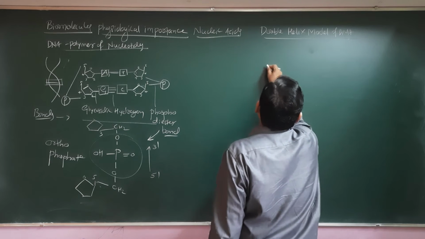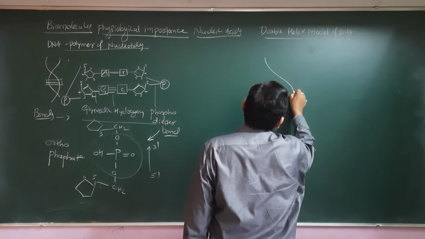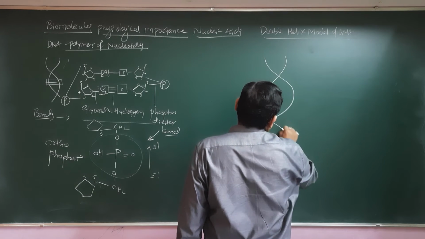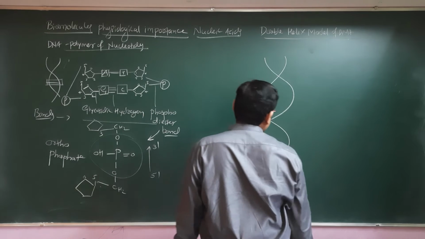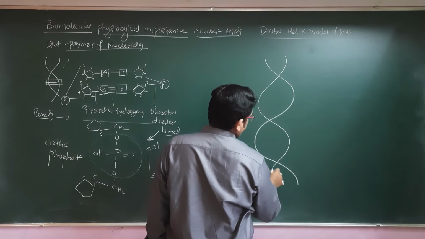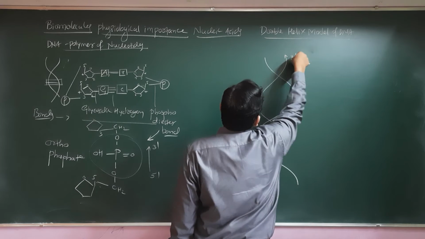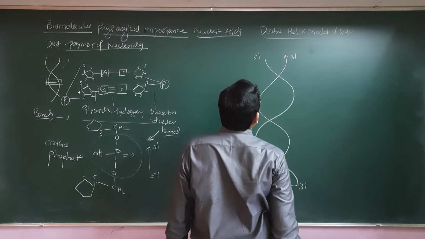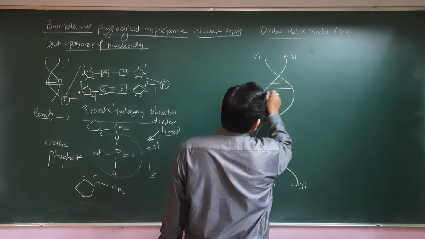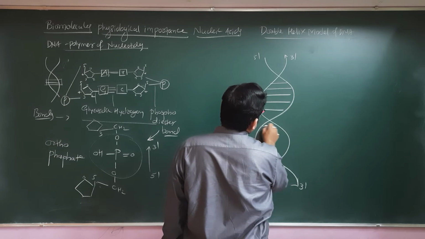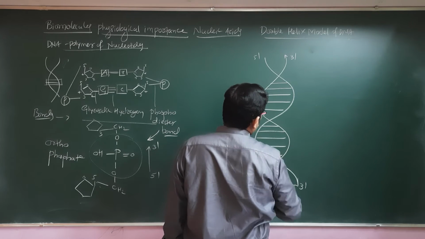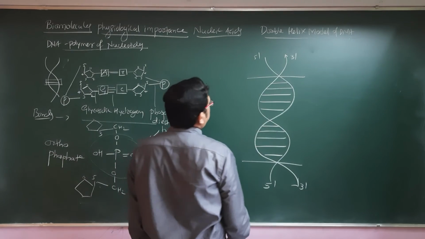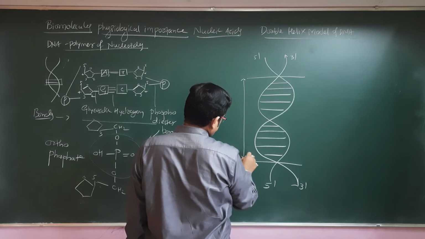When we talk about the double helix model of a DNA, let me mention here 1, 2. It is the 5' end and here it is the 3' end. Here it is the 5' and here it is the 3' end. So the 1, 2, 3, 4 and 5. This entire loop is called one helix.